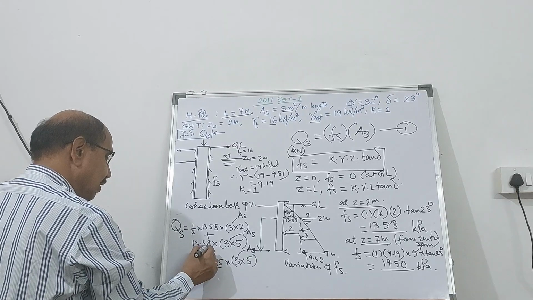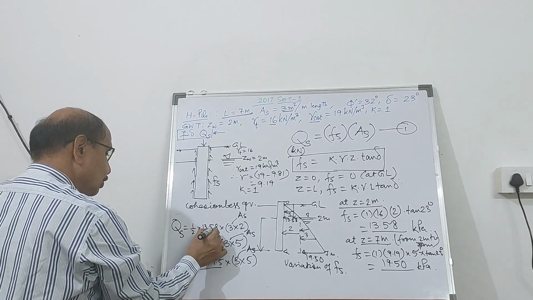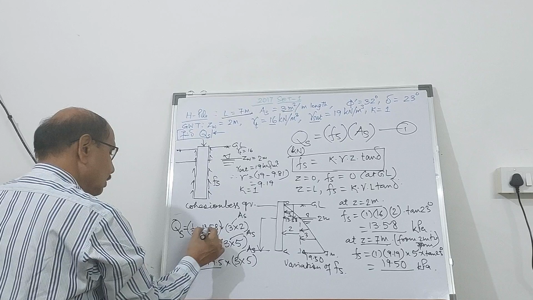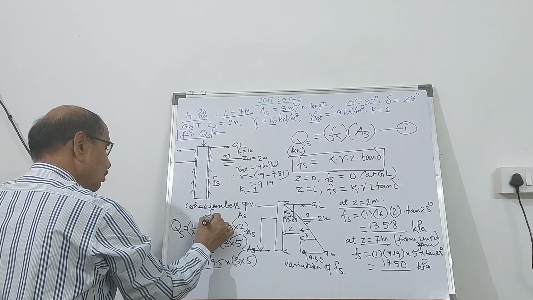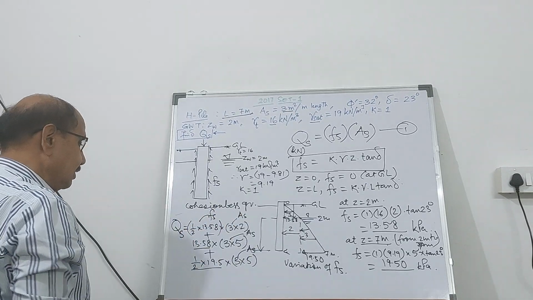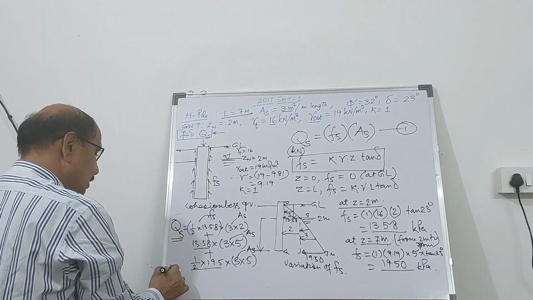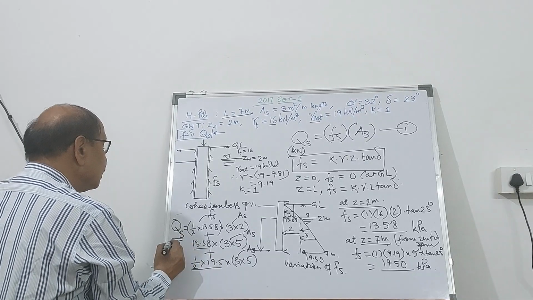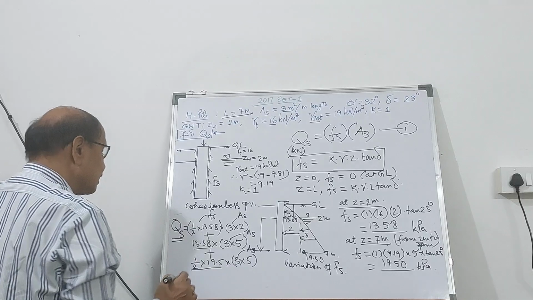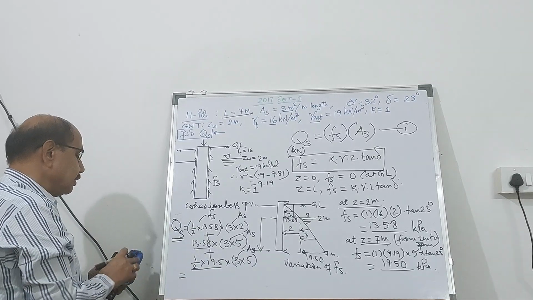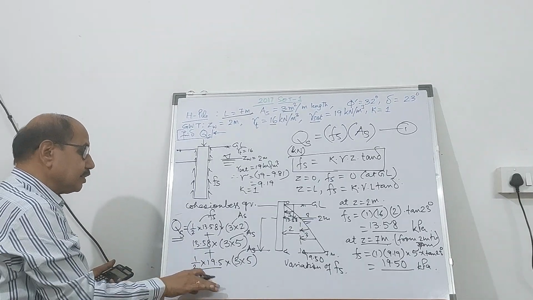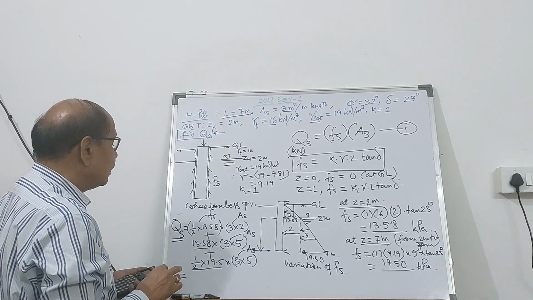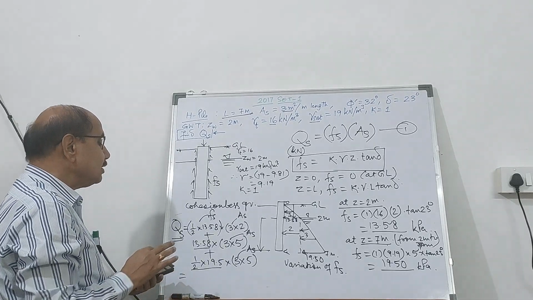And these are the values of unit skin friction. So Fs multiplied by the shaft area will give you the value of Qs in kilonewton. So let us calculate and find out the answer for this.